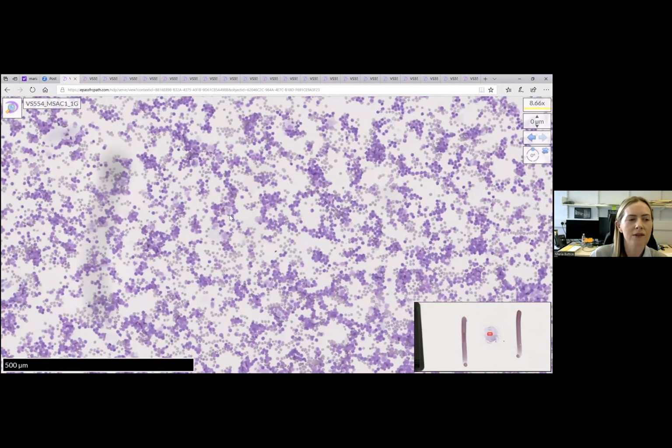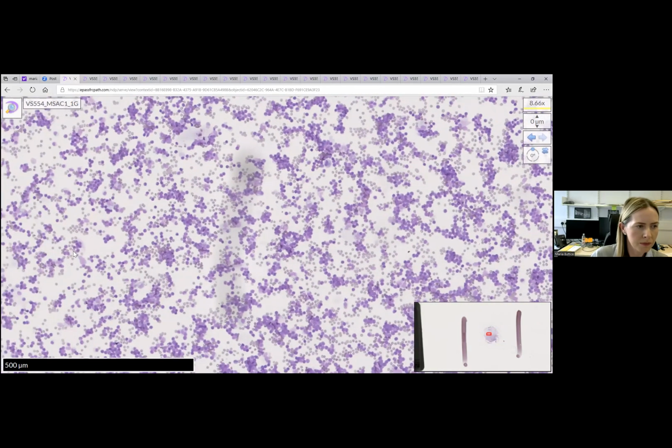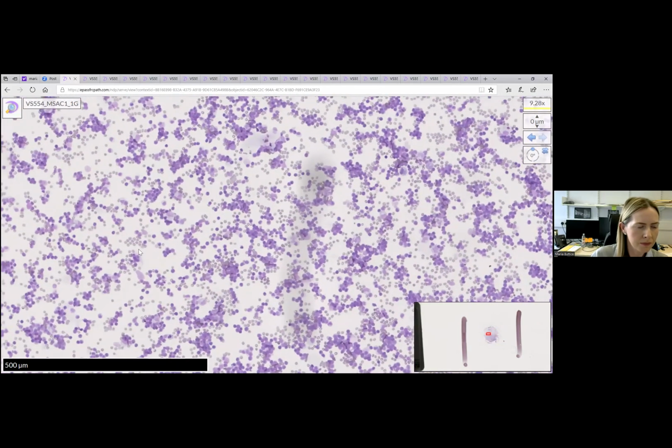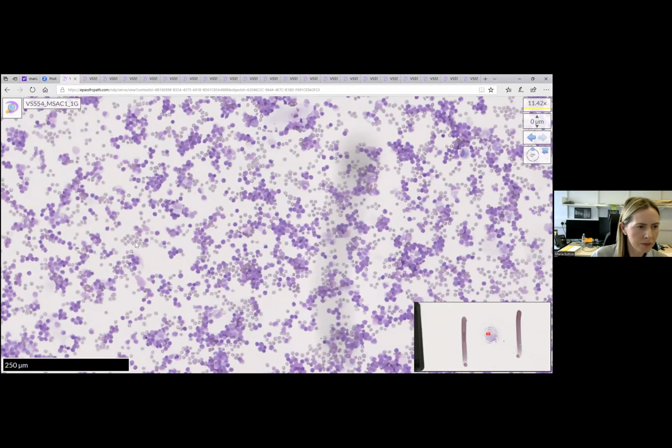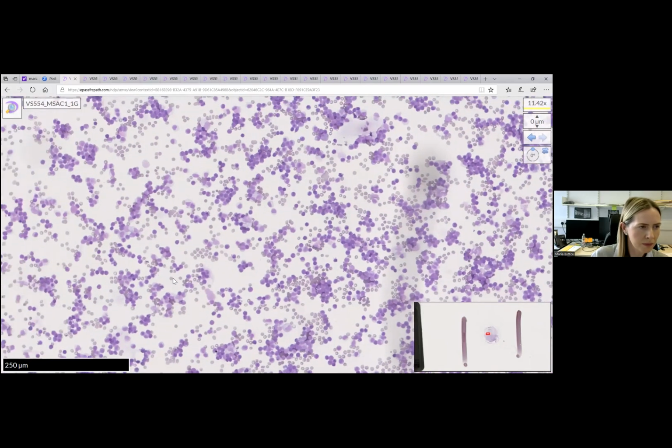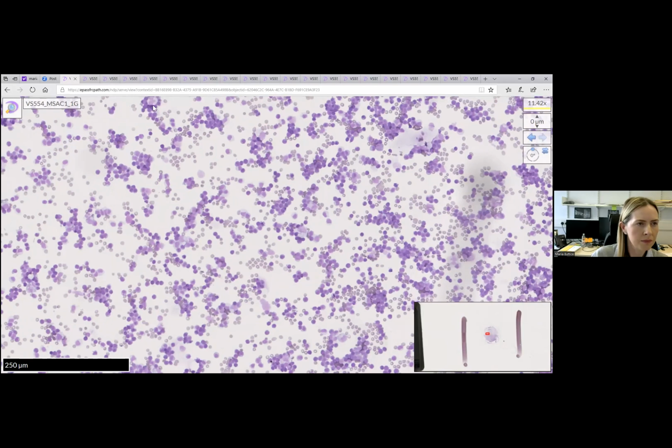I'm just going to point out some cells that we commonly encounter in pleural fluids, and you can try and identify those. If I take you to the PAP.